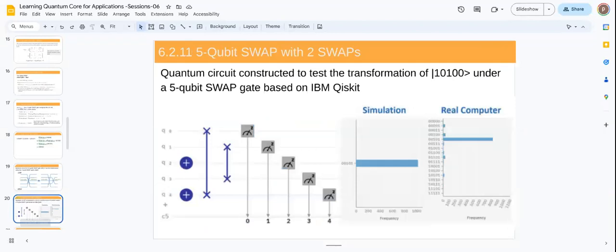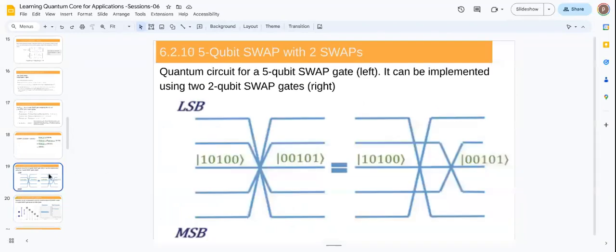And here is a circuit implementation for the swap. Professor Gokhale had presented this previously, and we just wanted to make sure that it can be done using IBM Qiskit. So you can define your swaps, 2 swaps for the 5 bits. We said 5 swaps can be optimized to 2 swaps.